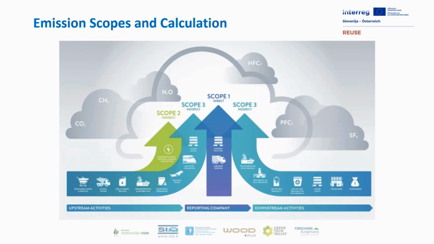So by clearly defining these scopes, organizations can systematically assess their total carbon impact and identify areas where emission reductions can be most effectively achieved. Understanding the full extent of emissions, both direct and indirect, is essential for developing comprehensive carbon reduction strategies and meeting regulatory and stakeholder expectations.